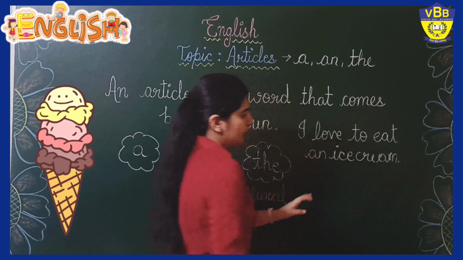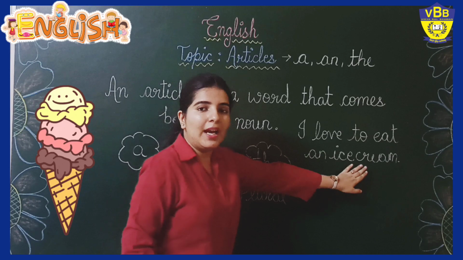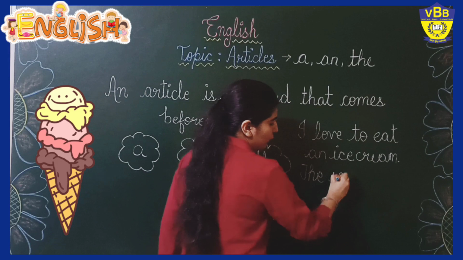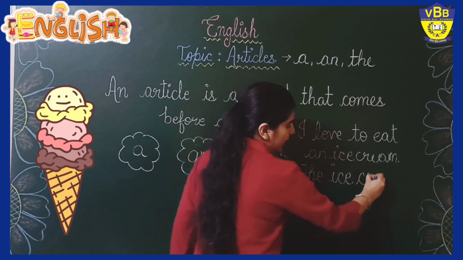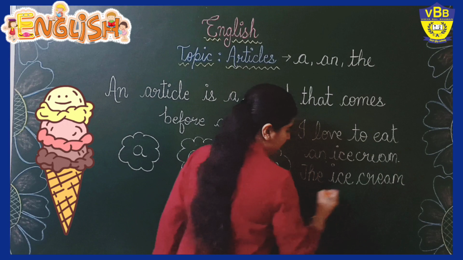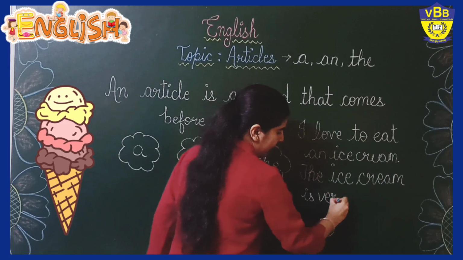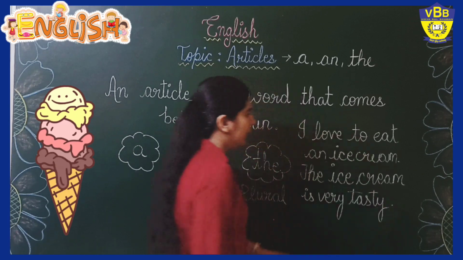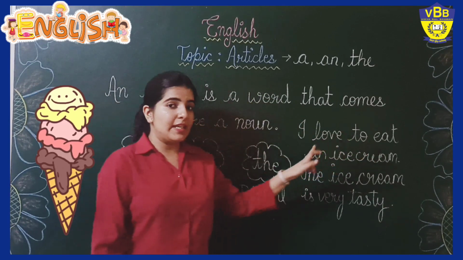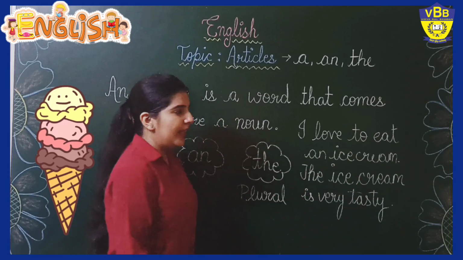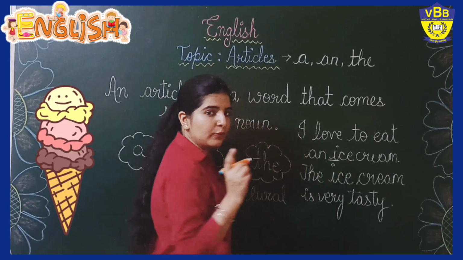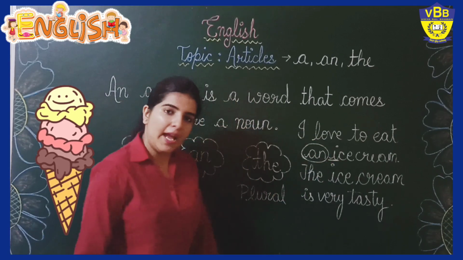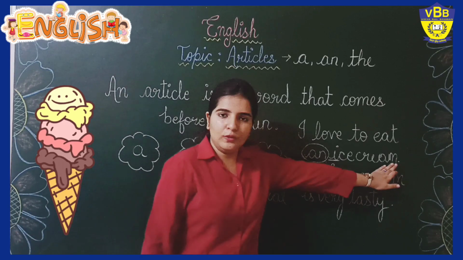Now I am going to repeat the noun ice cream again, so I will use the article the. The ice cream is very tasty. Read with me. I love to eat an ice cream. Why an ice cream? Because here I is a vowel, and with the vowel we use the article an.